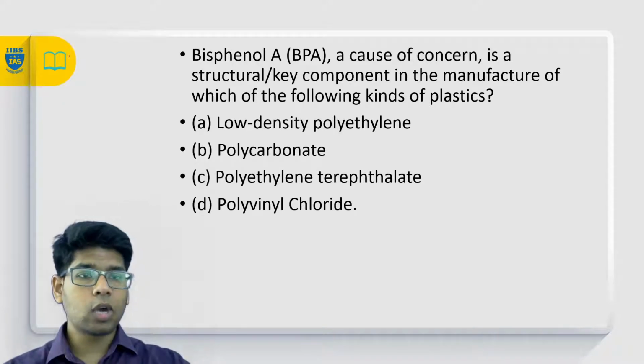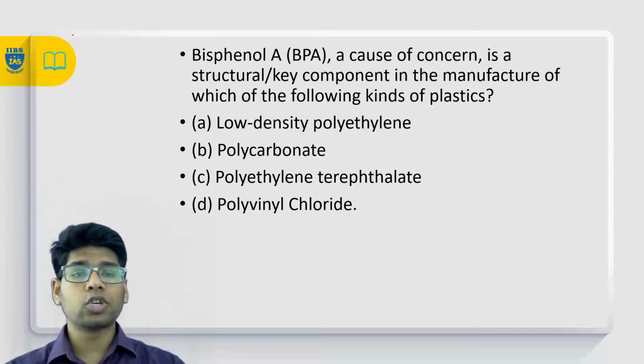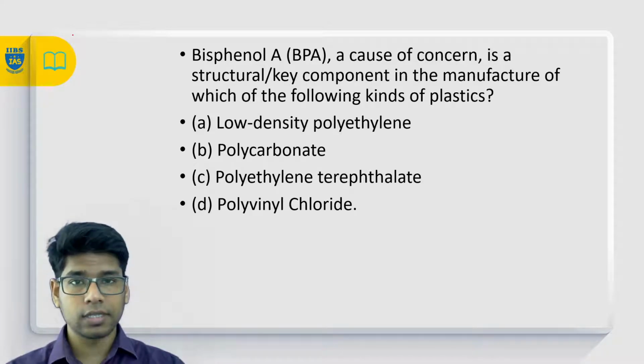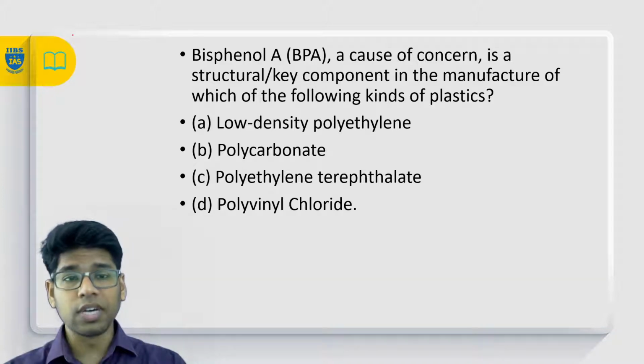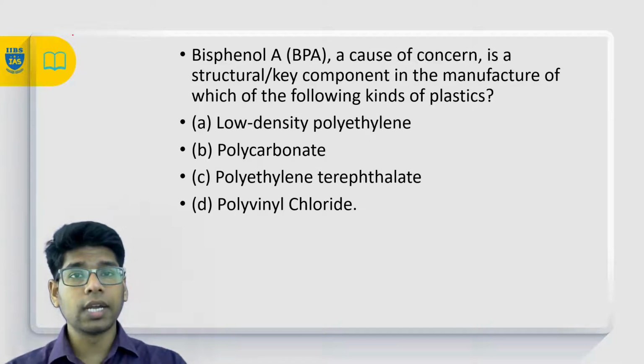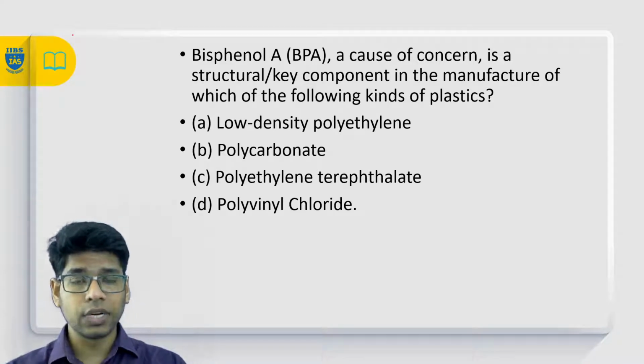Bisphenol A, a cause of concern, is a structural or key component in the manufacturing of which of the following kinds of plastics? This is an area of current issues. Recently, this question has actually come. This is the toxic agent which is being released into the atmosphere, causing pollution and different diseases.